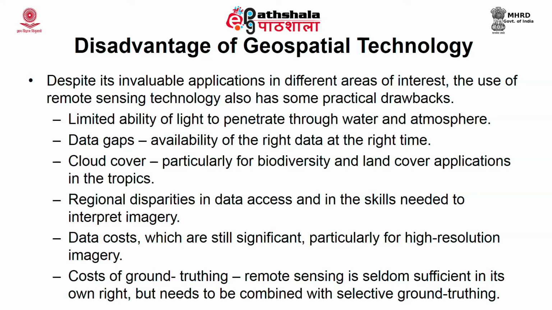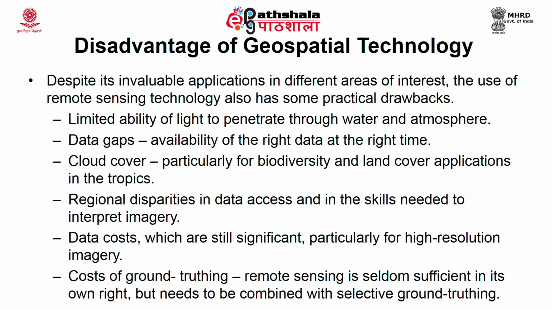So, there also exist regional disparities in data access and in the skills needed to interpret the image. Data cost, although reduced over ground survey methods, is still particularly significant for high resolution images.